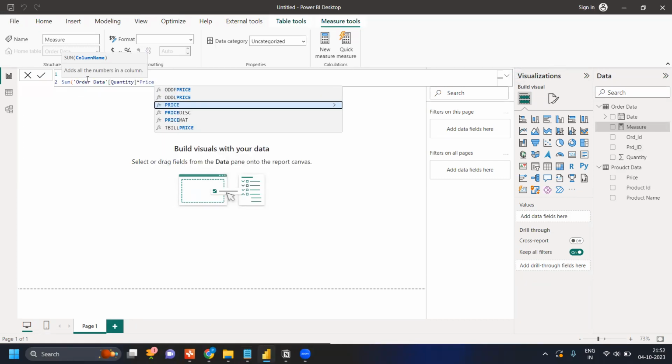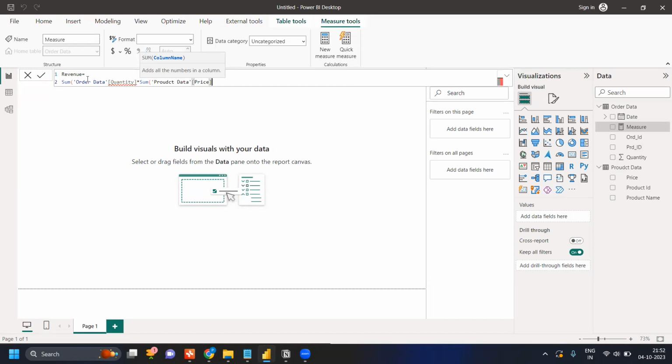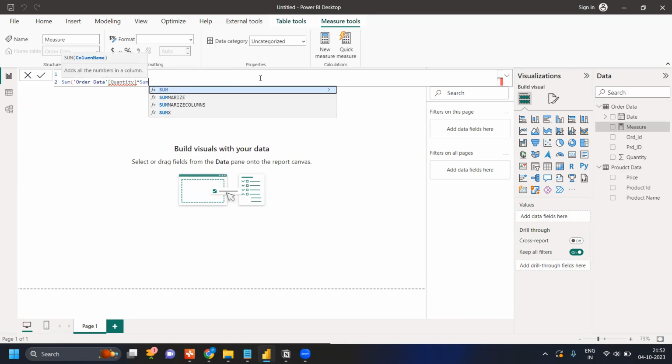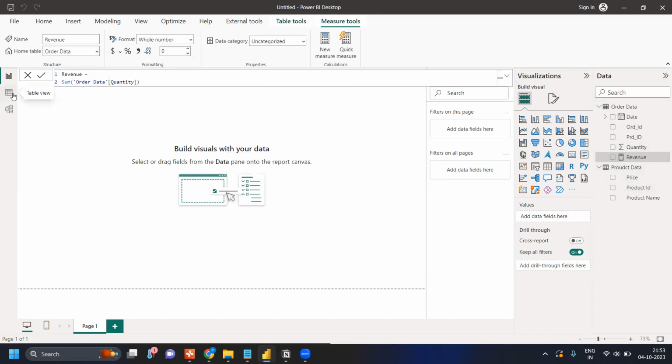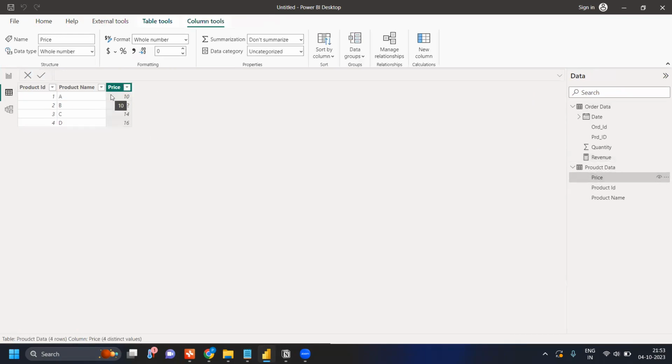If you observe the price, even if you take aggregation also, it is showing some error, right? Because here the quantity is filter context, whereas the price is row context. So we cannot multiply that.